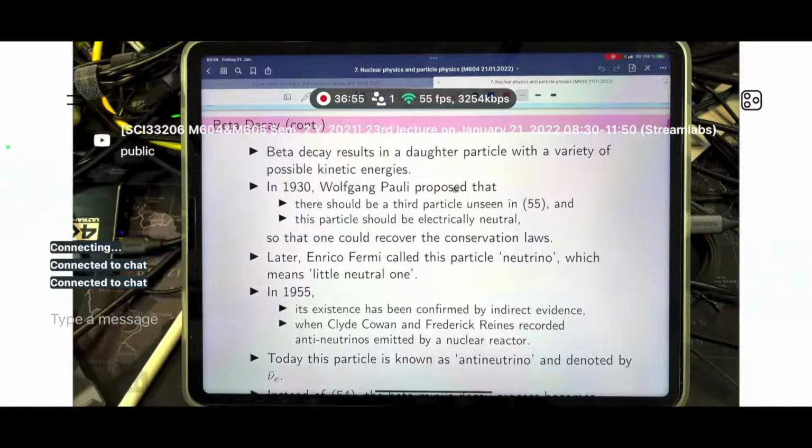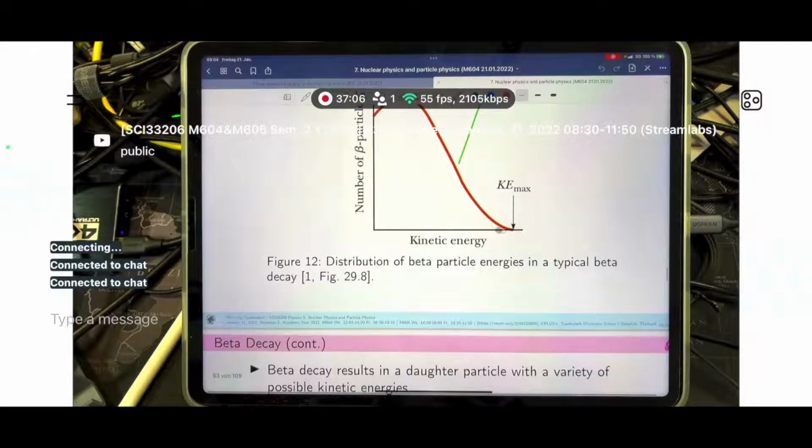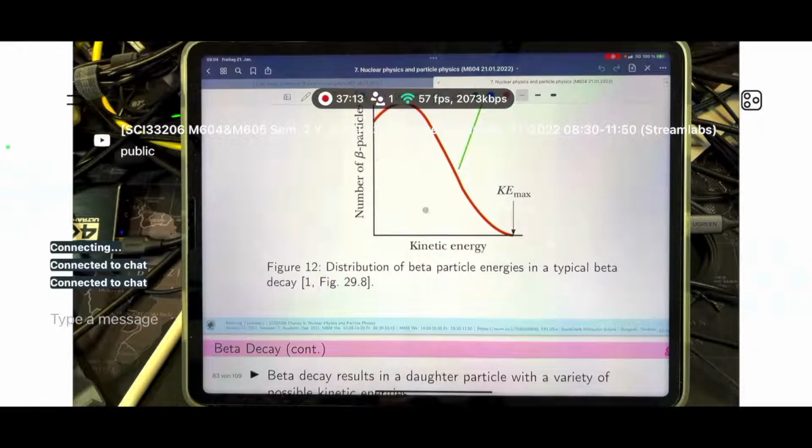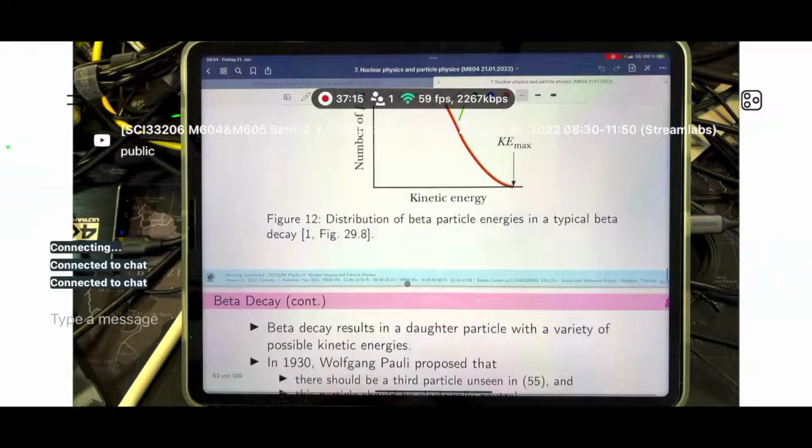Wolfgang Pauli: beta decay results in a daughter particle with a variety of possible kinetic energies. As you can see here, it's continuous. So the energy we got here would not be due to the electron only.